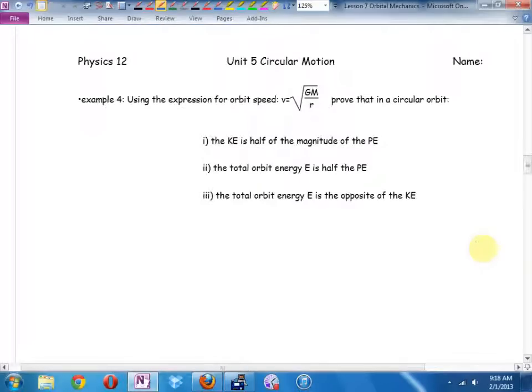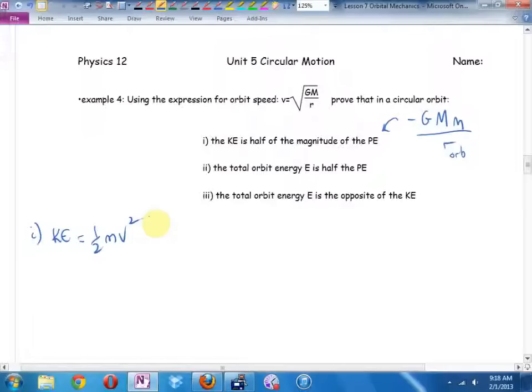Example 4 says, using the expression for orbit speed, which is that, prove that in a circular orbit, the kinetic energy is half the magnitude of the potential energy. Okay, well, first of all, potential energy is negative big G, big M, little m over R in orbit. Kinetic energy is a half mv squared. And I kind of walked through this a tiny bit with you last day.